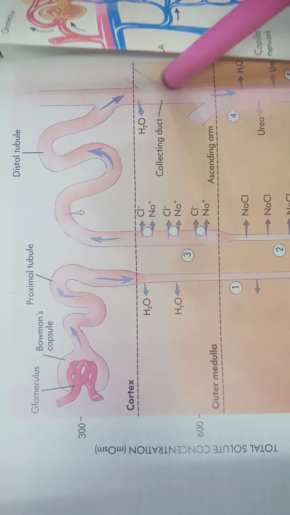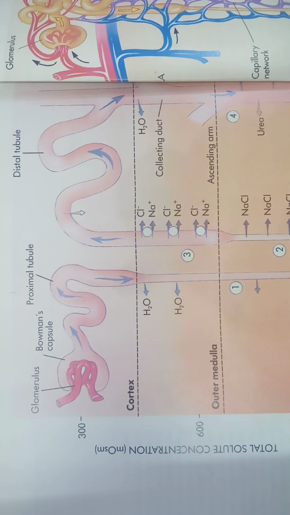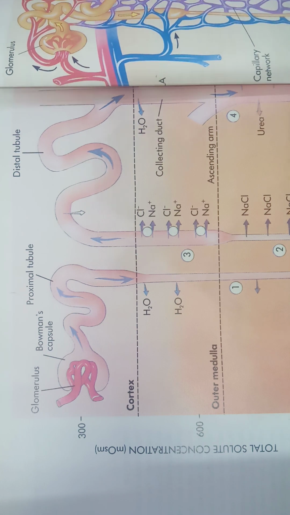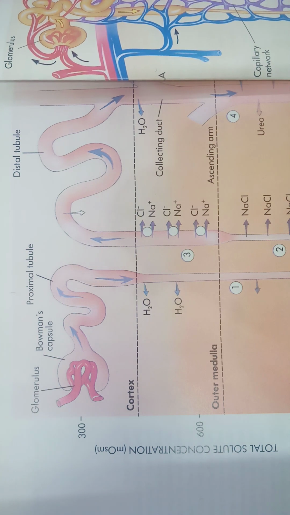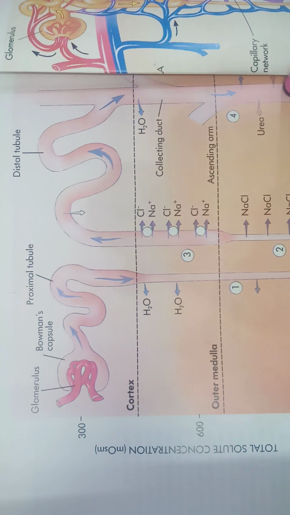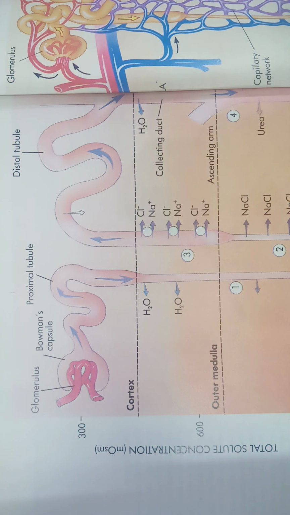In the urine collecting duct, the excess water, the waste products, mostly nitrogenous waste, and some poisonous substances leave the urine collecting duct and are present in the pelvis.